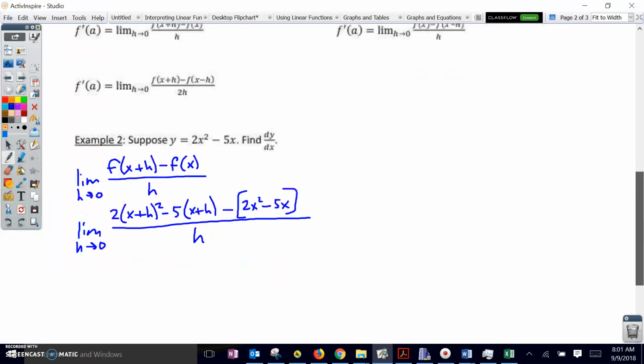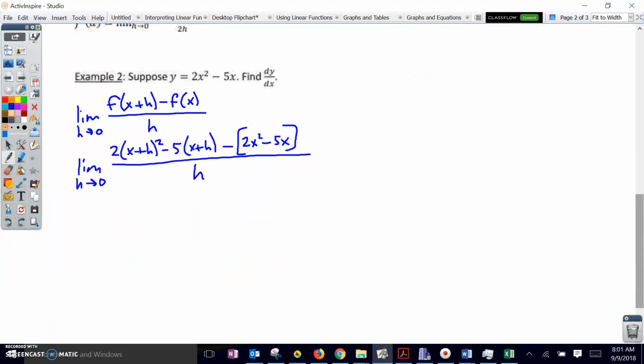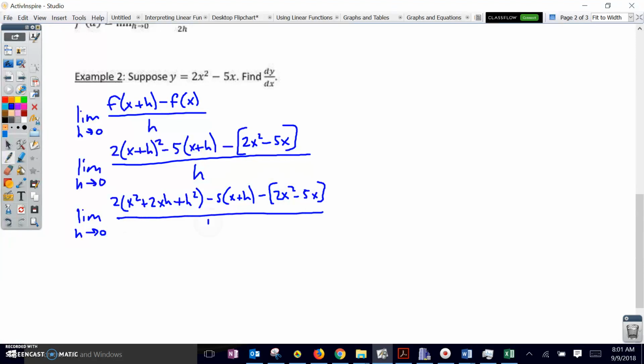Now I've got some algebra work to do. I've got to expand and simplify this numerator. So I've got 2 times the quantity x squared plus 2xh plus h squared minus 5 times the quantity x plus h minus the quantity 2x squared minus 5x all over h.